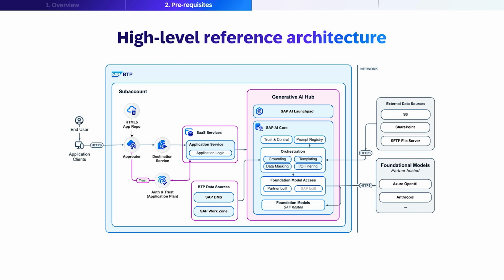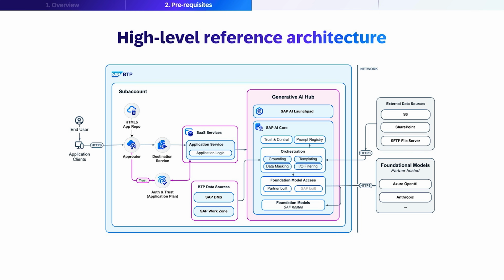At the right side, we have the data sources such as S3, SharePoint, or secure FTP connections to manage connections of document grounding services. The document grounding service handles document ingestion, chunking, embedding creation, and vector storage automatically. The AI Core orchestration manages processing pipelines, while the AI Launchpad serves as the central interface for configuration, secret management, and monitoring.